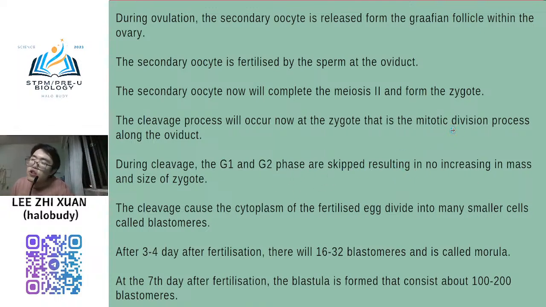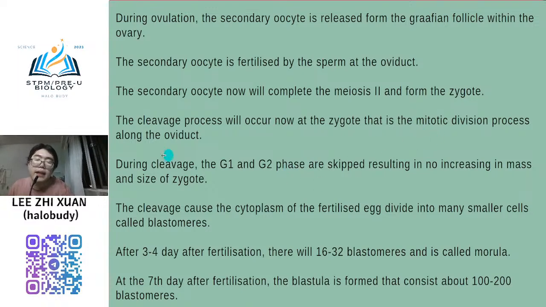We have G1, S phase, G2, and also the mitosis phase. You still remember the cell division process that you already learned in SPM. Normally during cleavage, because it is a rapid process, G1 and G2 are skipped, so it will go directly to the mitosis process.